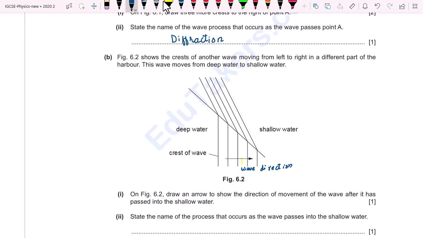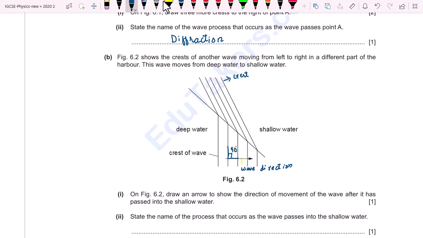When the wave passes from deep water into the shallow water, you can see that the direction of the crests changes. First of all, it is straight and then it bends in this direction. So these are also the crests. You can see that this is the wave direction and the crest is this. Both of these are perpendicular to each other. There is an angle of 90 degrees between them.